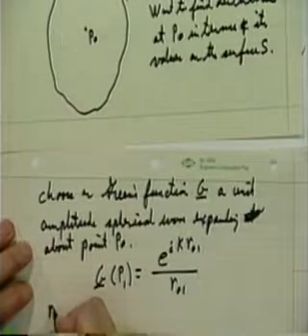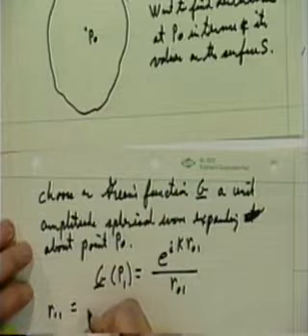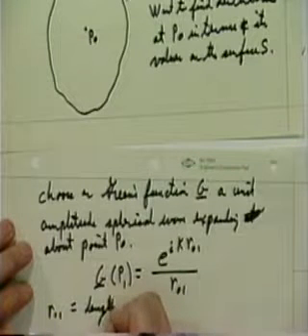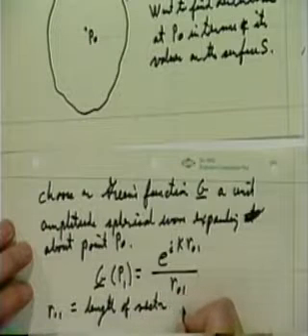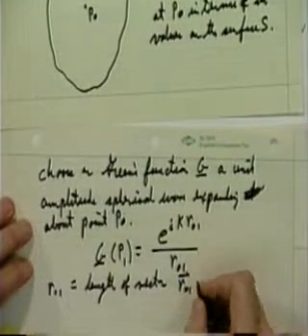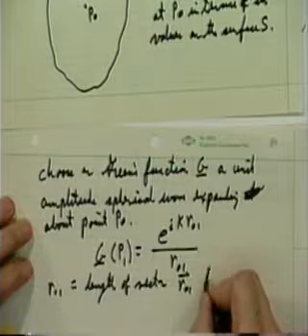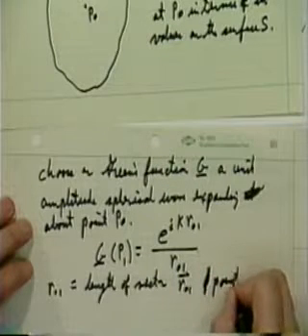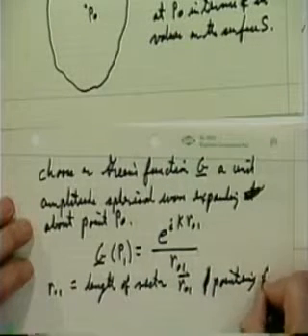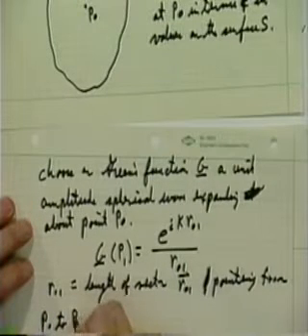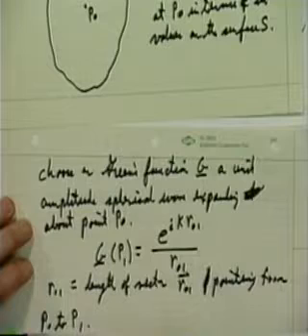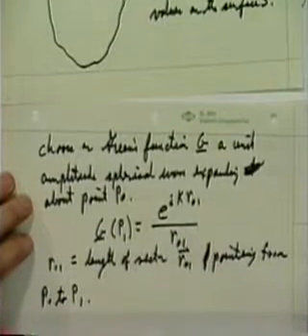So I'll just say that R01 is the length of vector R01 pointing from P0 to P1. Okay, so this is our Green's function right there, a spherical wave.